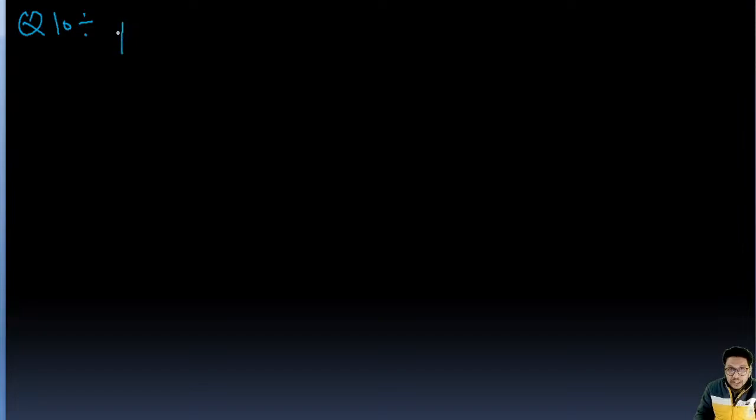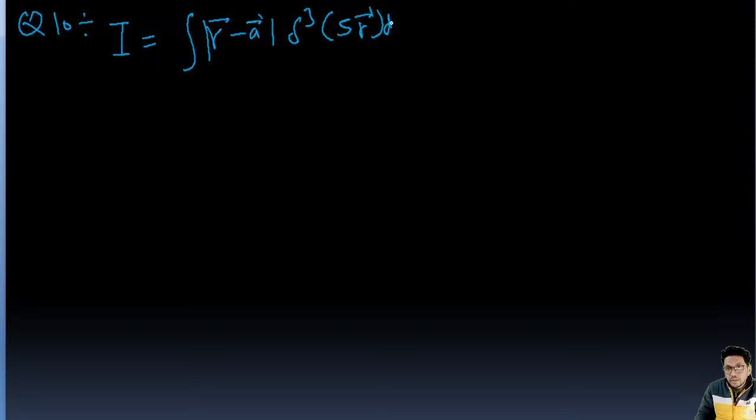So we need to find the integration I equal to integration of vector r minus vector a mod, very good question, del cube 5 r vector dv. This we need to solve. Okay, this is volume integration.